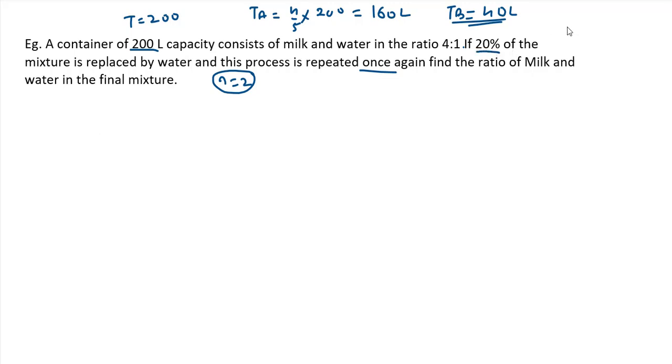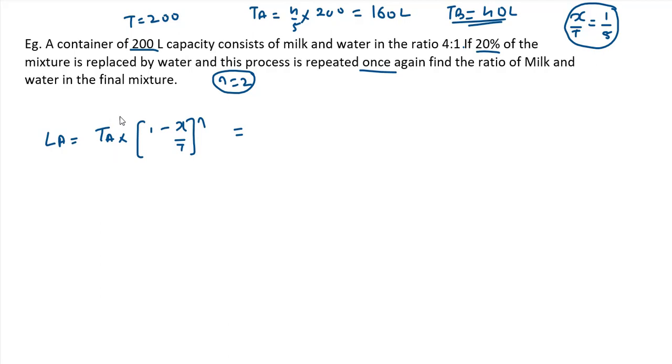Here we have 20% of the mixture. So x by t will be equal to 20 by 100, which will be 1 by 5 in fraction form. This is a percentage, and we have converted it into fraction form. Now we'll apply the same formula. The quantity of liquid A left in the container will be given by the initial quantity of A into (1 minus x by t) the whole raised to n.